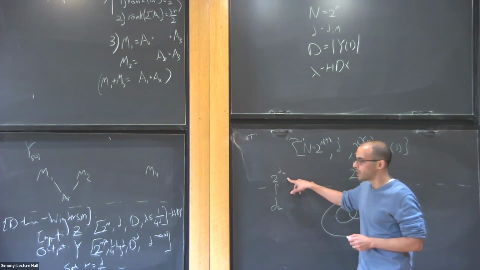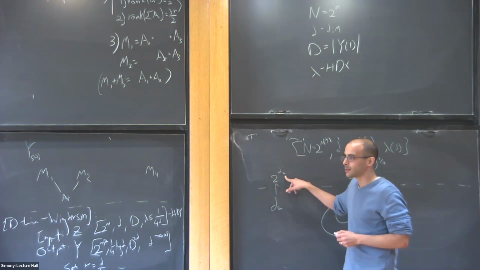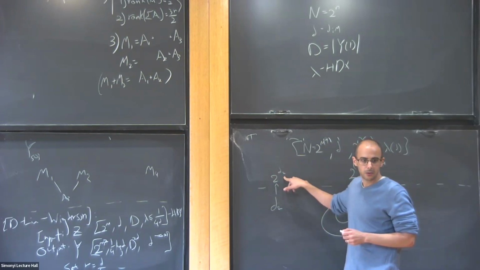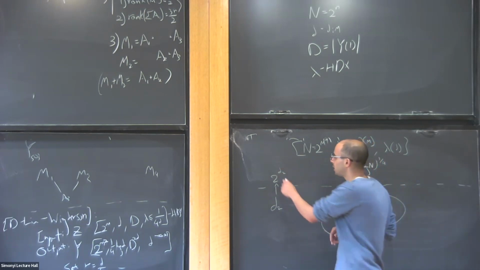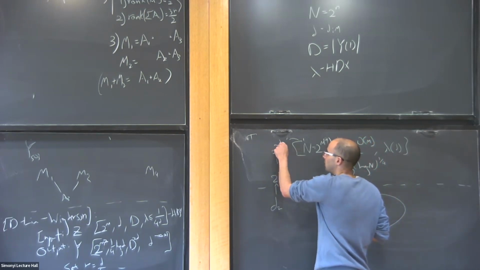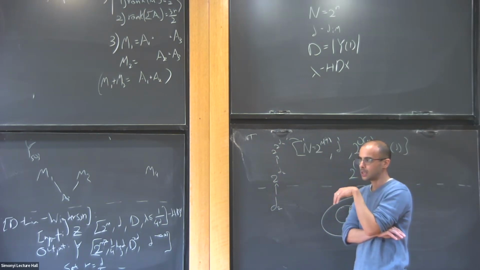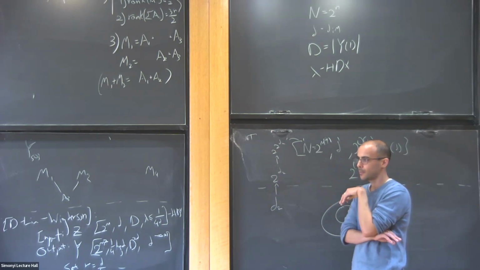And to get this, I need 2 to this, so I need 2 to the 2 to the. Oh, you mean the initial degree? Yeah, the initial. Not how much you suffer in the process.